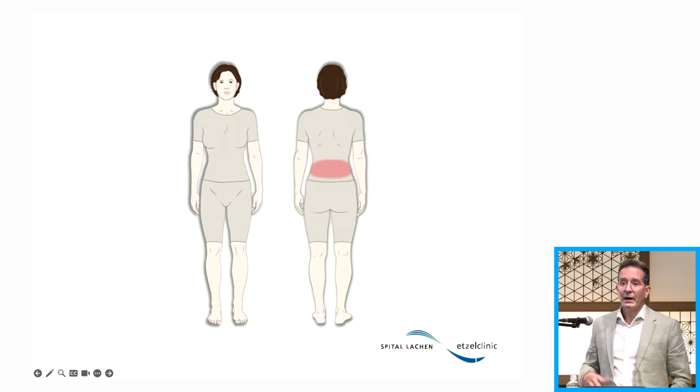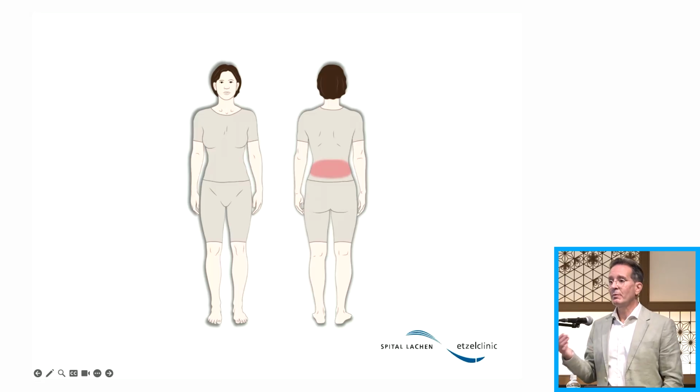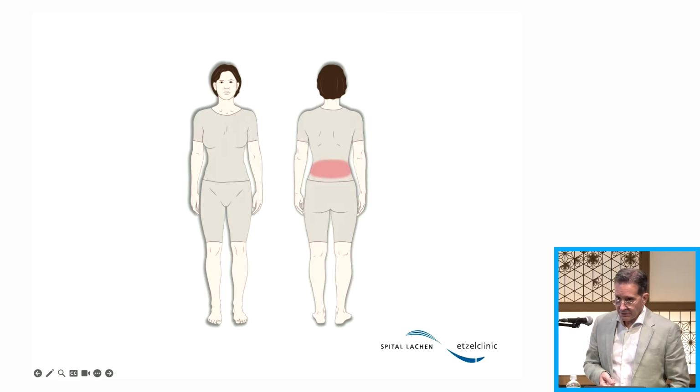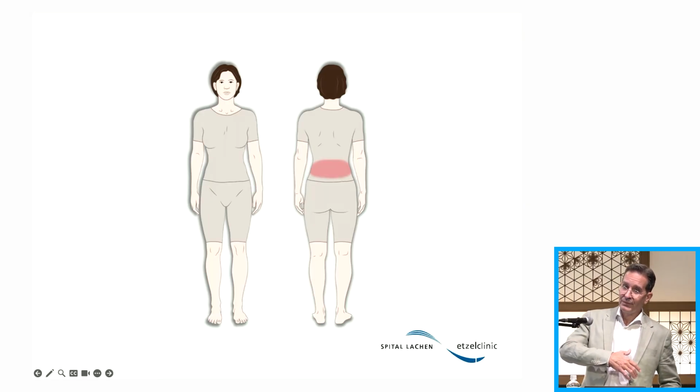Facet joints, actually very easy to diagnose. When it's hurting when patients get up or hurting while they hyperextend, it's probably the facet joints. If it hurts while they're bending forward, it's the SI joint. Now, there's one tricky thing in between. It's the Bertolotti's syndrome, which hurts with hyperextension and additional rotation.